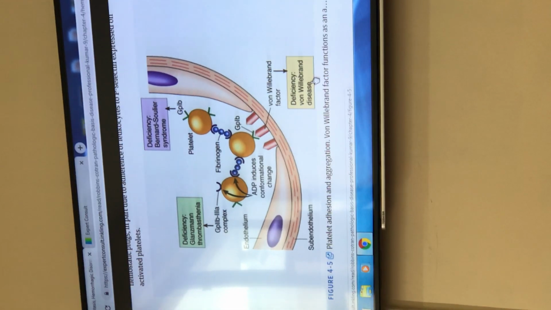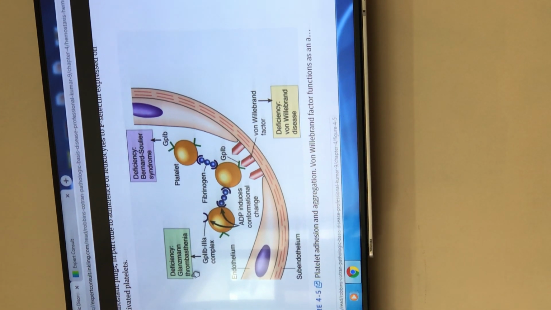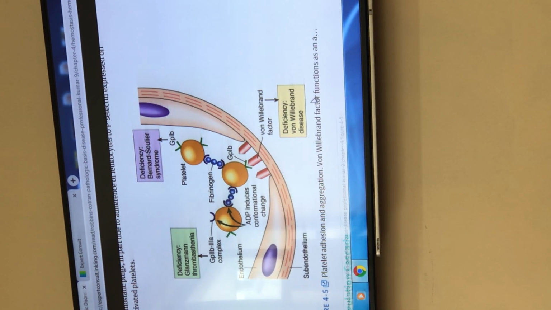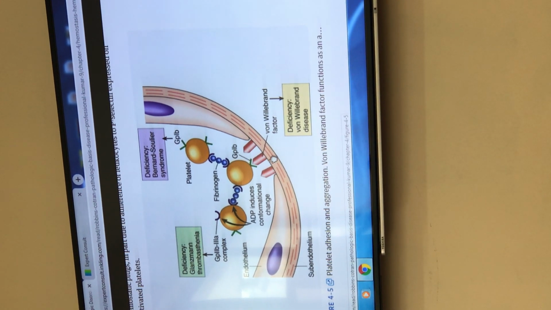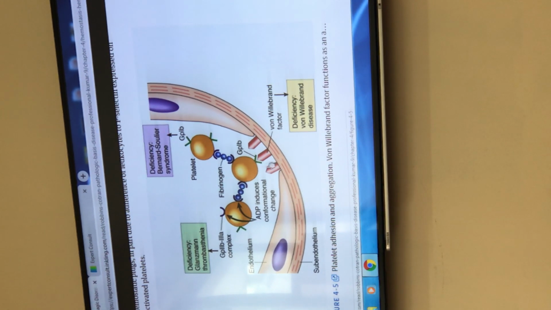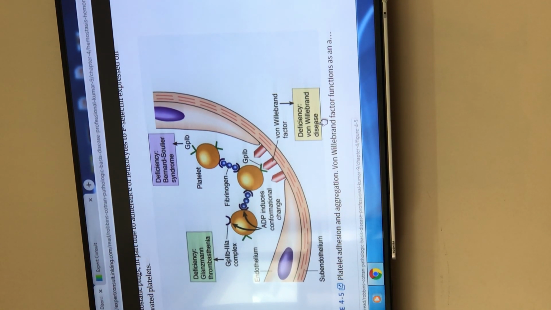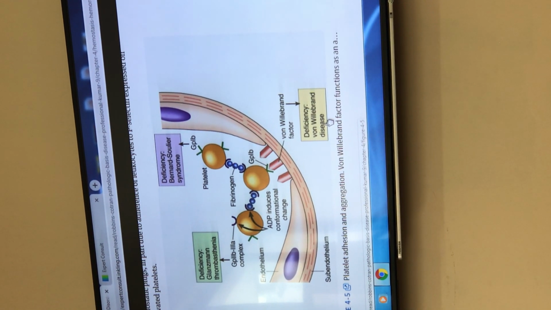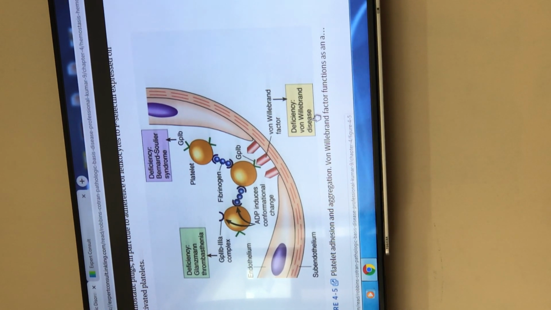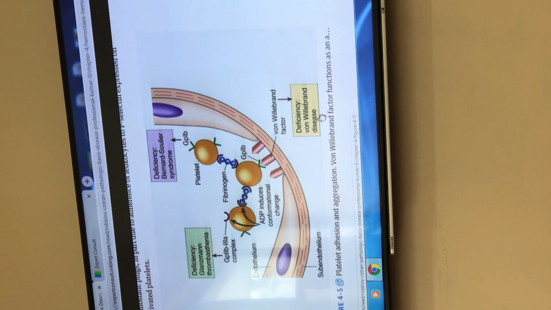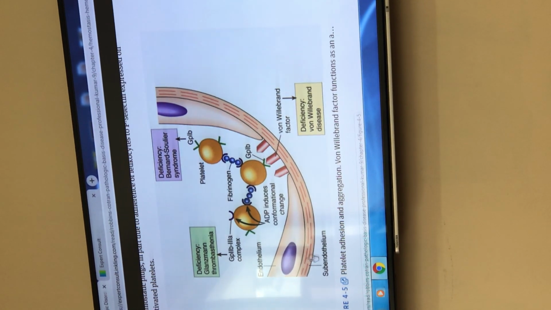So here, when we learn new molecules, then we learn new diseases. A disease called von Willebrand disease is due to deficiency of this von Willebrand factor. Von Willebrand disease is the most common heritable bleeding disorder. So maybe you know that hemophilia is the most common. No. Von Willebrand disease is the most common heritable bleeding disorder.